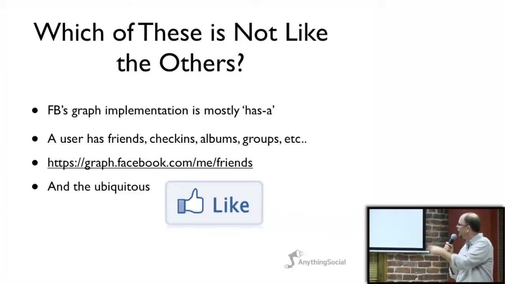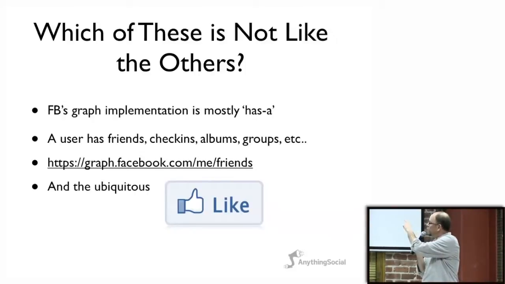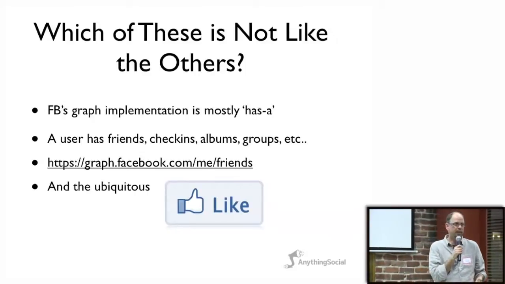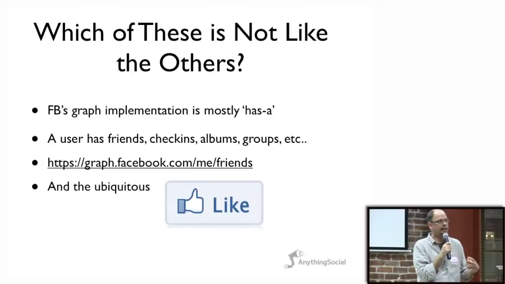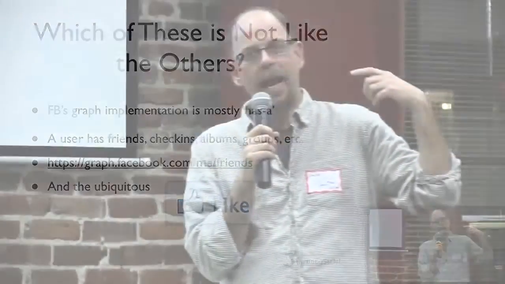Basically, like is not a has-a relationship. Like is more active. When a person likes something, they're actively participating with that object. They're not simply gathering it or curating it. It's acting on something.